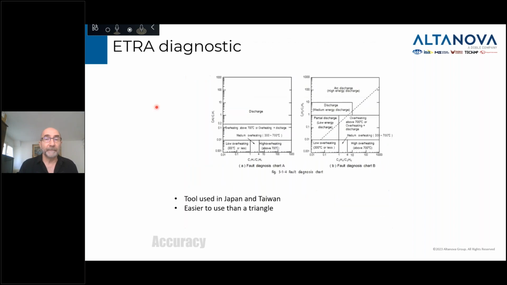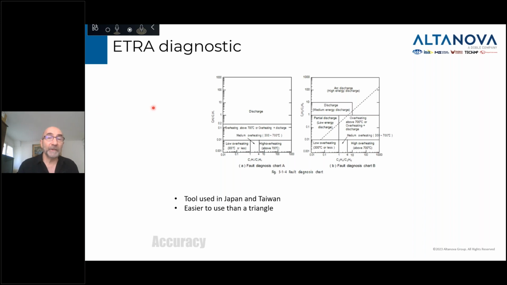Another one that's being used, and this is very specific, is what we call the ITRA diagnostic. This tool was developed in Japan, and it's mostly used by Japanese customers and OEMs, and also in Taiwan, because the OEMs in Taiwan have a very strong historical connection to the OEMs in Japan.